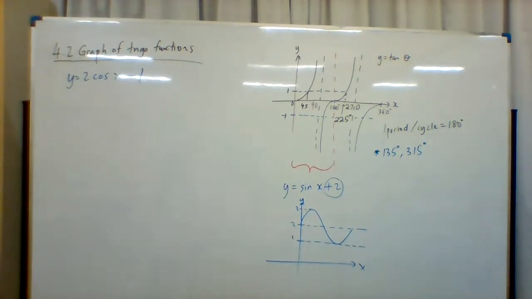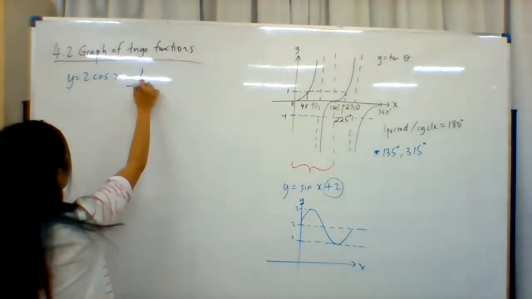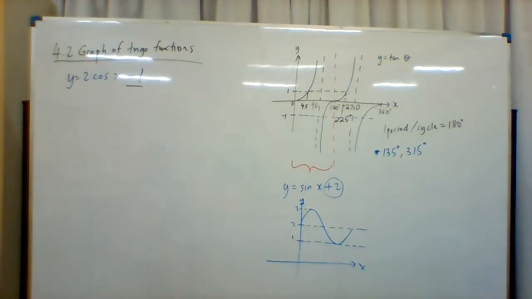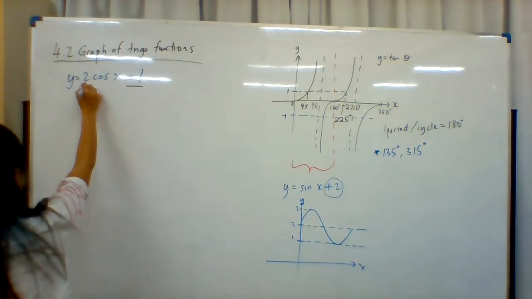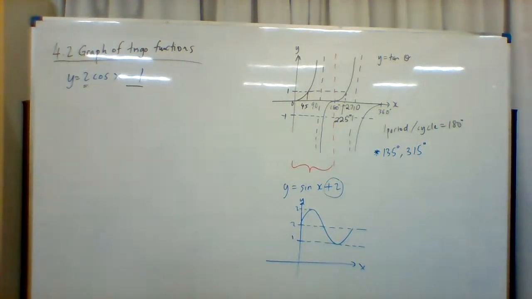Okay, then if you have your y equals 2 cos x minus 1, remember, minus 1 again means the entire graph moved down by 1. And then what does this 2 in front mean? When you have a number in front of your sine, cos, or tangent, that number tells you the amplitude of your graph.